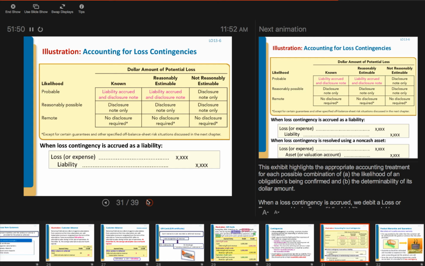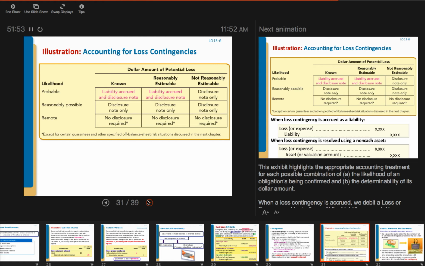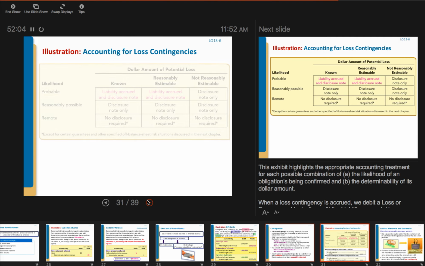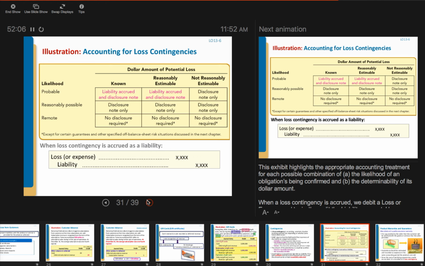Well, I guess the previous slide defines what those things are, so you might want to take a look at what the definitions of probable, reasonably possible, and remote are. And then with those definitions in mind, you can come over to this slide, and any situation that you're given, if you refer to this slide, you should know whether or not to disclose it.